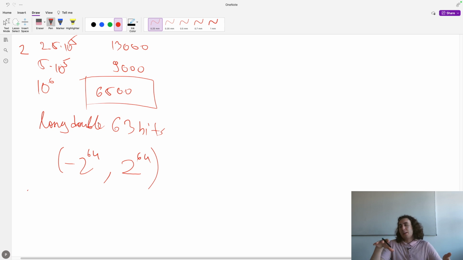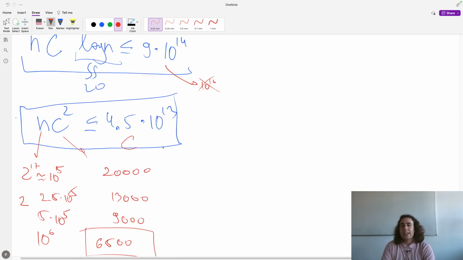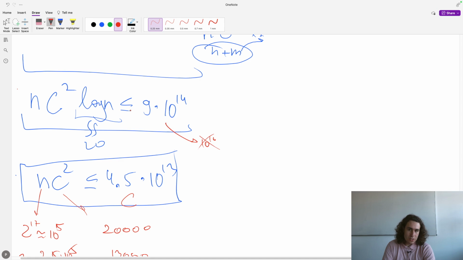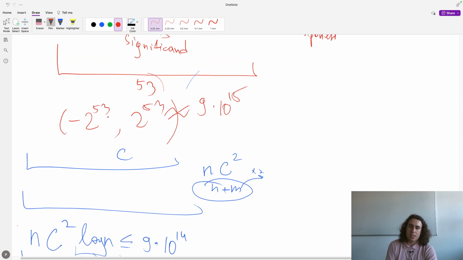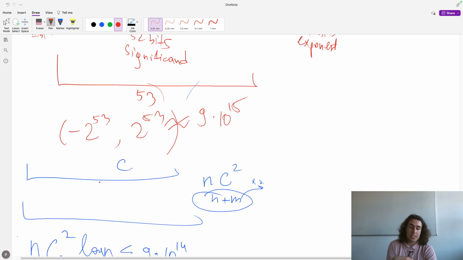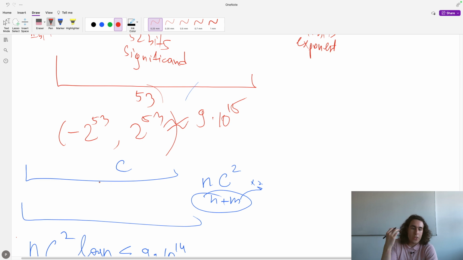Long goes from -2 to the 63 to 2 to the 63, and we can do twice as much. We're going to have approximately the same relation, but this number is just going to grow. Here it was 2 to the 53, and now we have 2 to the 64, so it's going to grow by a factor of around 2 to the 11, so like 2,000.